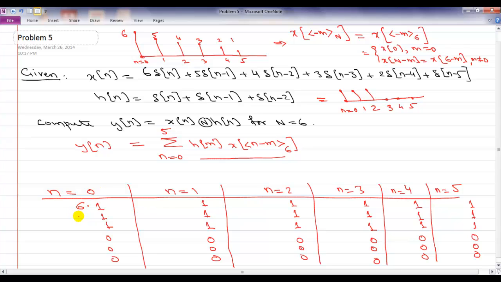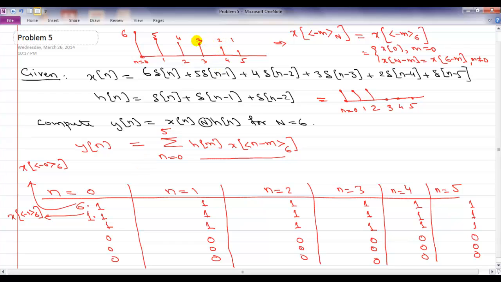What is x of minus 1 mod 6? That will be actually x of 6 minus 1, which is x of 5. So x of 5 is 1. So I get 1 here.